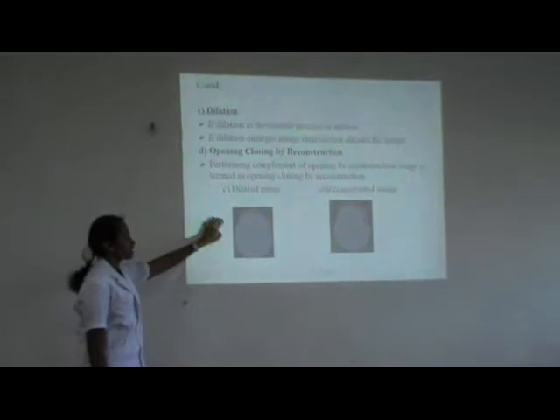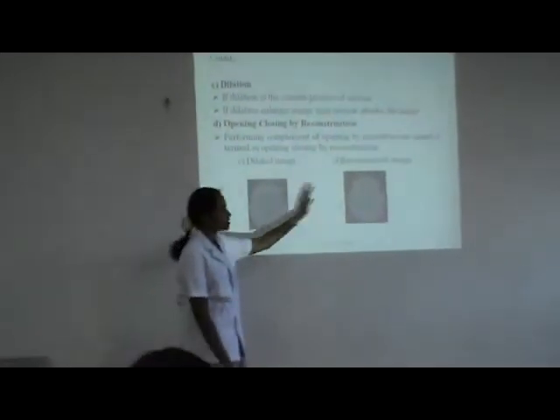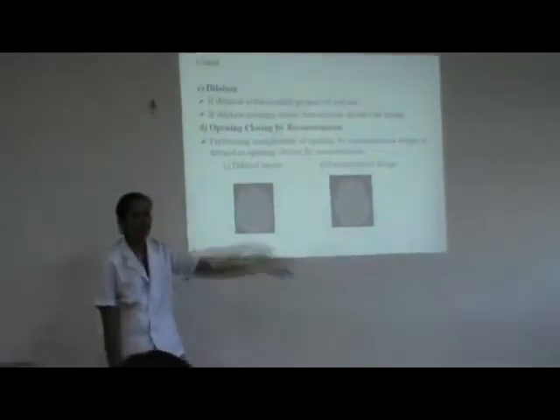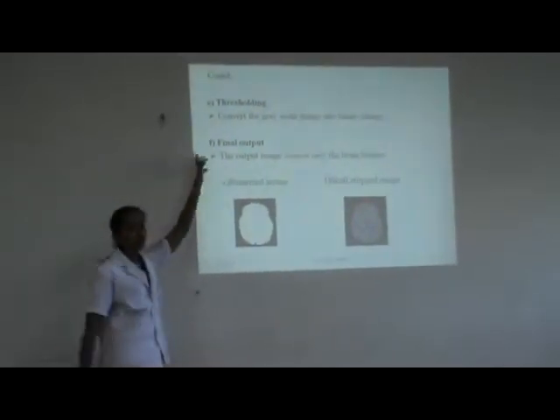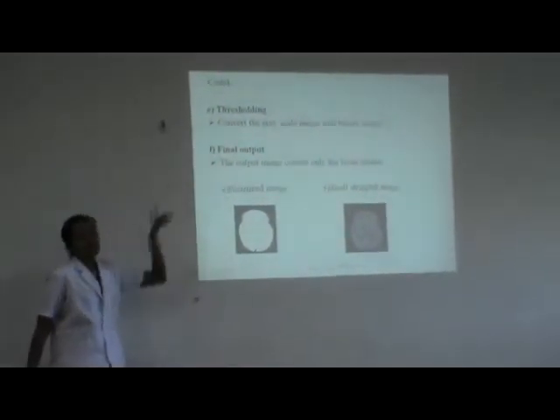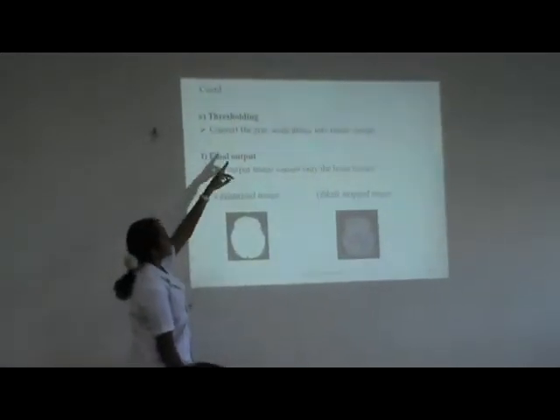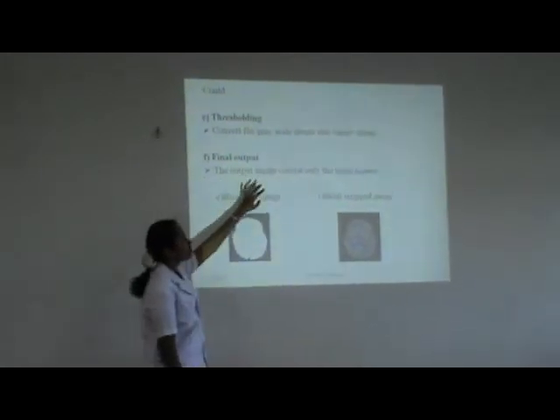Dilation and opening by reconstruction still leave the image full of noise, so we go for the reconstruction operation to make it clearer. For thresholding, as I said before, we give this value by using the histogram and differentiating the peak values. After that we go for segmentation, and the final output we get is this.